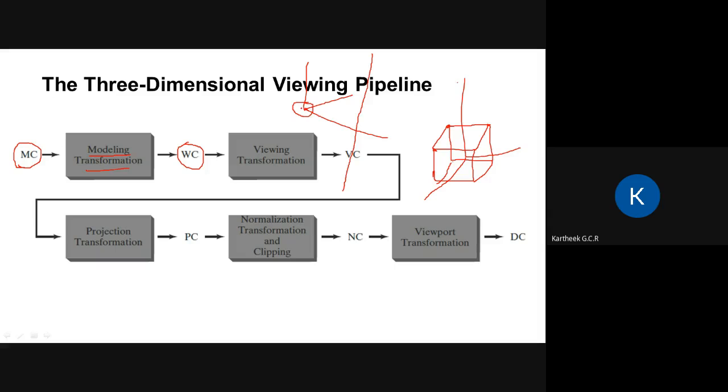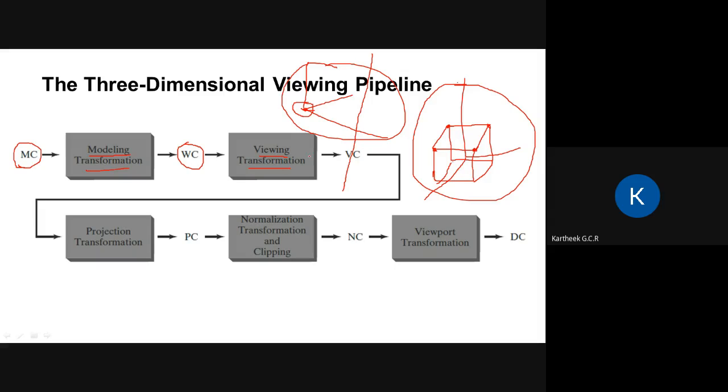Take this as the origin. From this origin, what is the position of this point, and this point, and this point? We will have to get that. Converting this world coordinate definition into viewing coordinates is basically the viewing transformation.